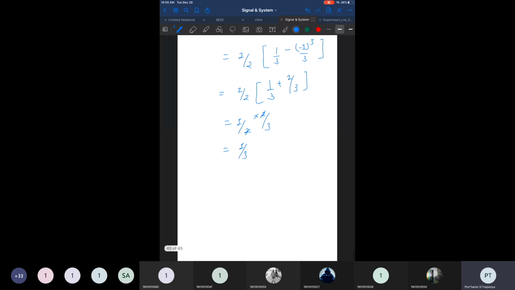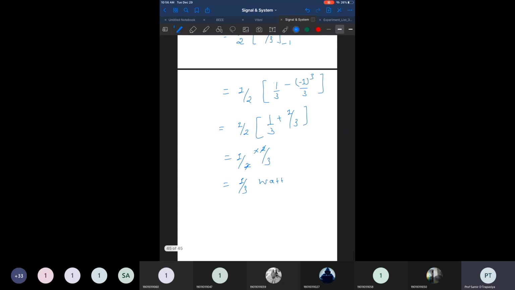So the power that we have found is 1 by 3. This is the power we have identified. So power here is 1 by 3 watt. Okay, fine. So this is known as power, and the power you have found is 1 by 3 watt.